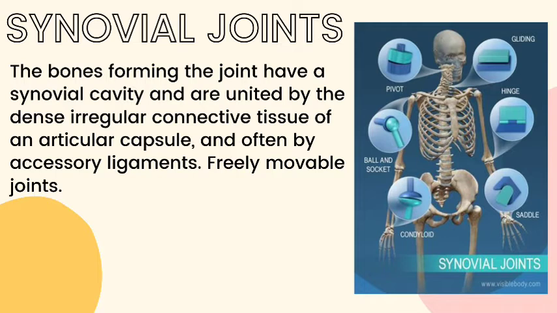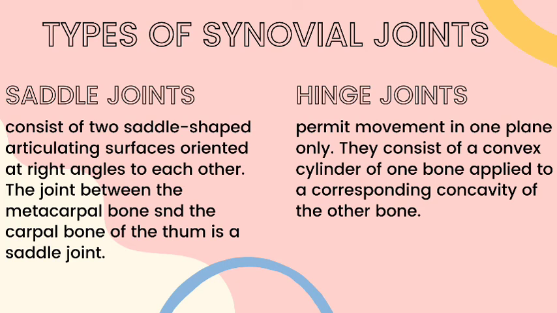Synovial joints. The bones forming the joint have a synovial cavity and are united by the dense, irregular connective tissue of an articular capsule and often by accessory ligaments. These are freely movable joints. Saddle joints consist of two saddle-shaped articulating surfaces oriented at right angles to each other.